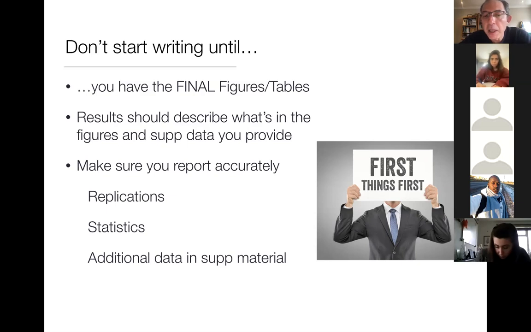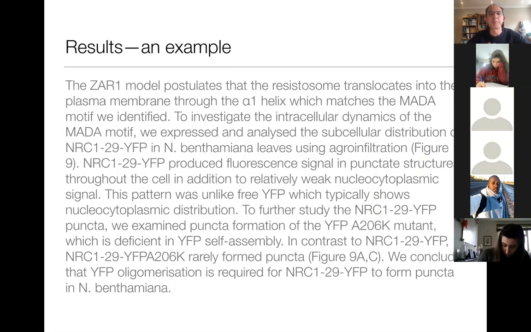If the data is quantitative, then do mention that it is quantitative. Provide that data. Maybe you provide it in supplementary material if it doesn't fit in the main figure. This is also the place where you should report replication statistics that might be in the figure legend, but it might be worth emphasizing if it's relevant to the results.